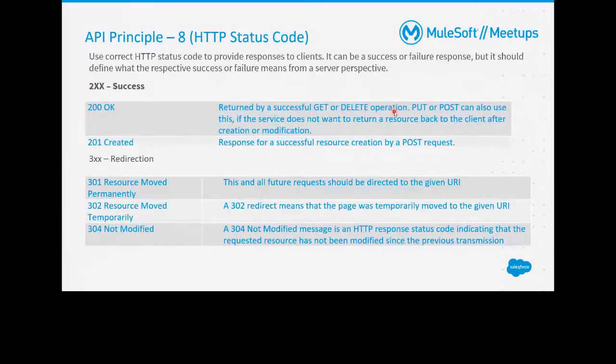Put or post, yeah, people do use 200, but usually the best practice is to use 201, the created status, for post. But let's say you have an API where you are creating a pseudo get, where the number of filters you are providing is really huge, and we have a limit on the get URL or the query parameters. That way you can pass those as a JSON object.